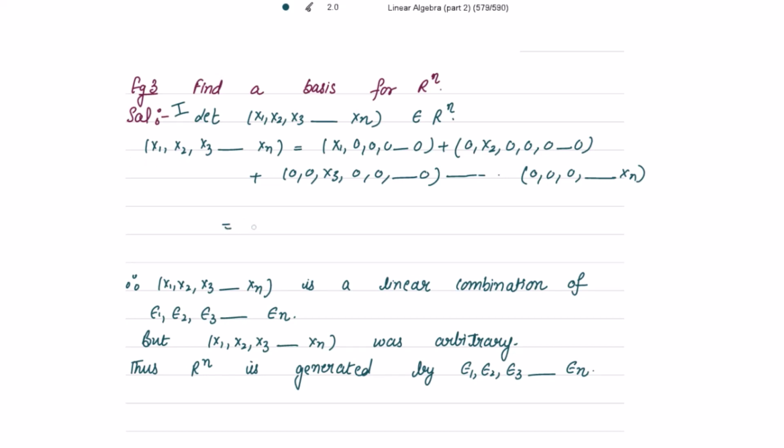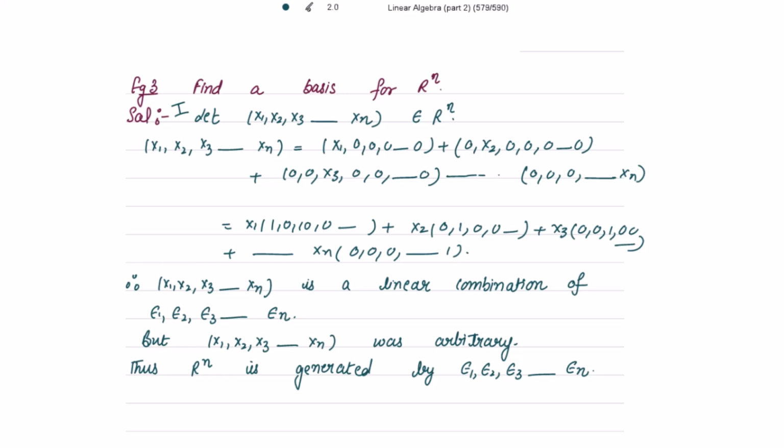Now take x1 common, this is (1, 0, 0, 0) and so on. Then x2 times (0, 1, 0, 0) and so on. Then x3 times (0, 0, 1, ...) and so on. This is xn times (0, 0, 0, up to 1).